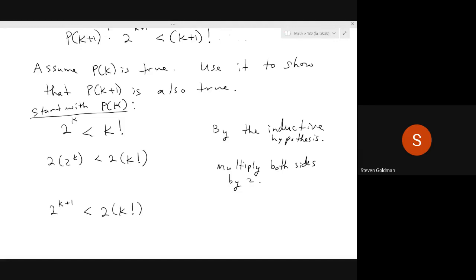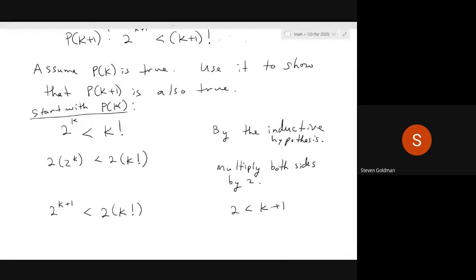Now, do you agree with me that 2 is less than k plus 1? Is 2 always less than k plus 1? Somebody says no, so why not? Let's think for a moment.